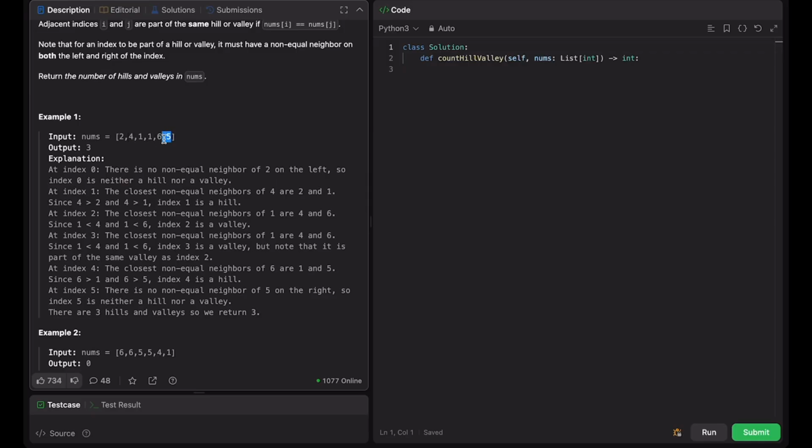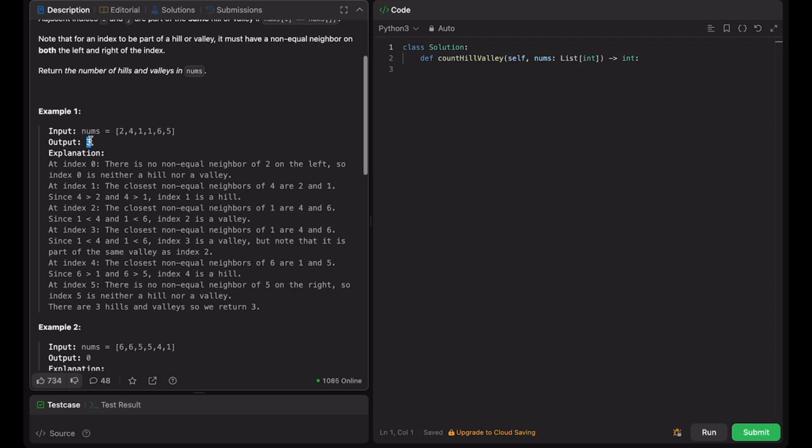Next 5 comes. As we discussed, there is nothing on the right, so it will not contribute to anything. I forgot to say, for 6, on the left it is less and on the right it is also less, so this also contributes to a hill. So we have 2 hills and 1 valley, so in total the answer is 3.